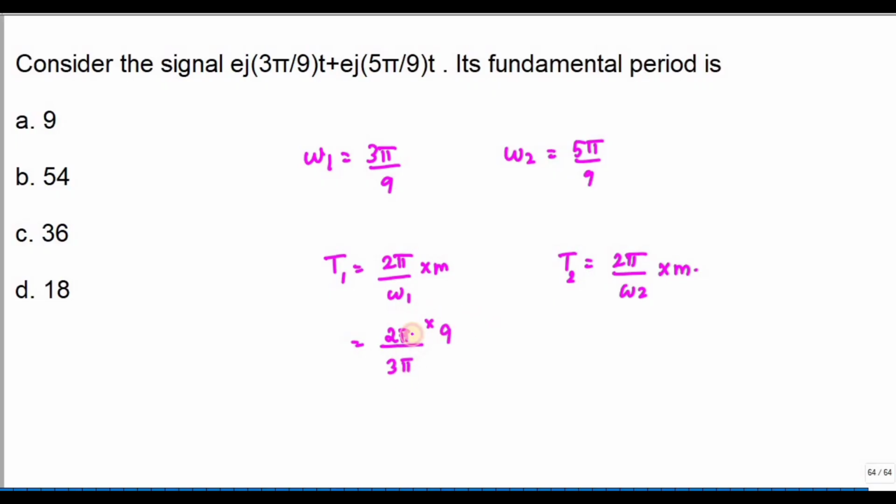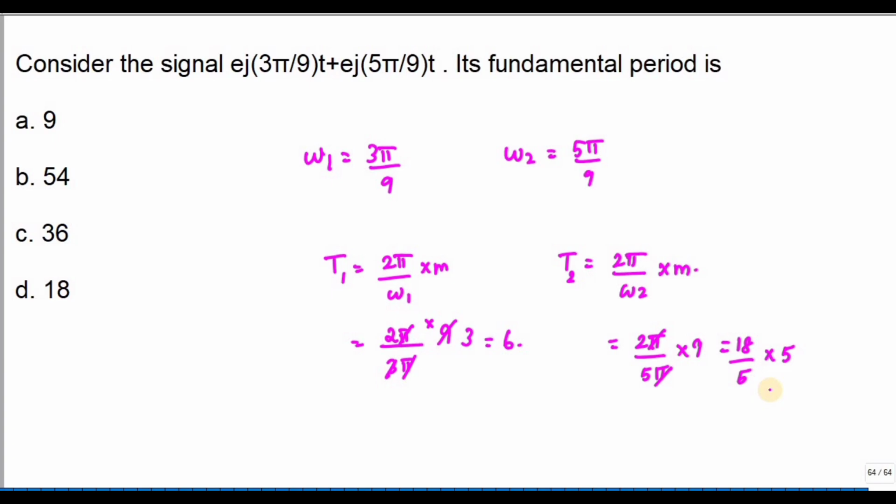If I substitute, I will get 2 pi divided by 3 pi into 9. On solving, I will get the answer as 6. For T2, I will get 2 pi divided by 5 pi into 9, which is 18 divided by 5. So here I am going to multiply m as 5, and I will get the answer as 18.